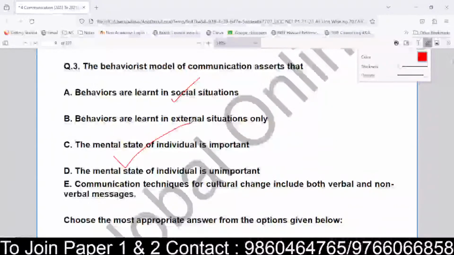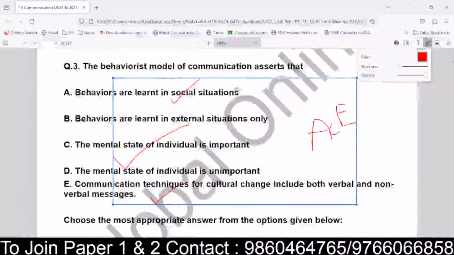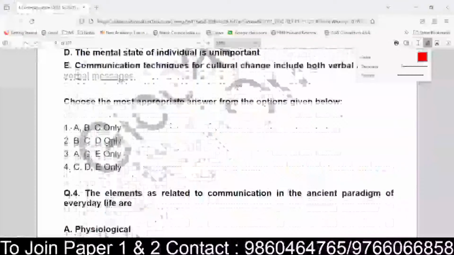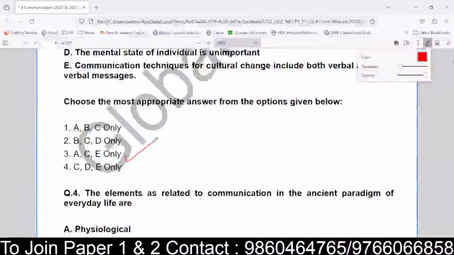The mental state of the individual is important, yes. And communication techniques for cultural change include both verbal and non-verbal messages. So statement A, statement C and statement E stand to be the right answer with respect to the behavioral model of communication. So option number 3, A, C, E, turns out to be the right option, right?